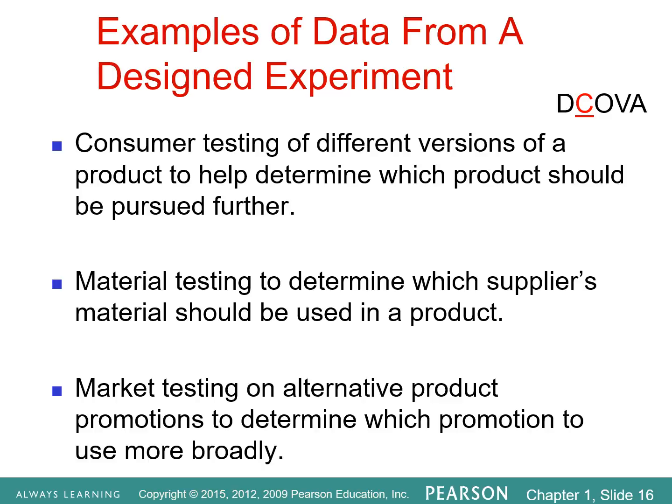Data from an experiment is consumer testing different versions of a product, which product should be pursued further, material testing to determine which supplier's materials should be used in a product, and market testing on an alternative product promotions to determine which promotion to use more broadly.